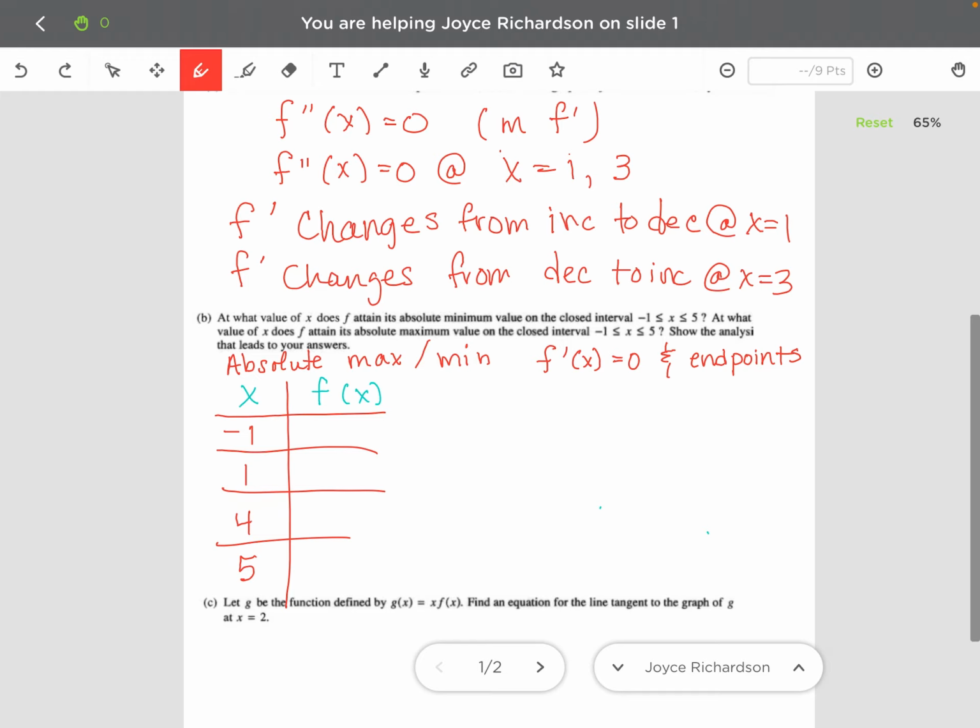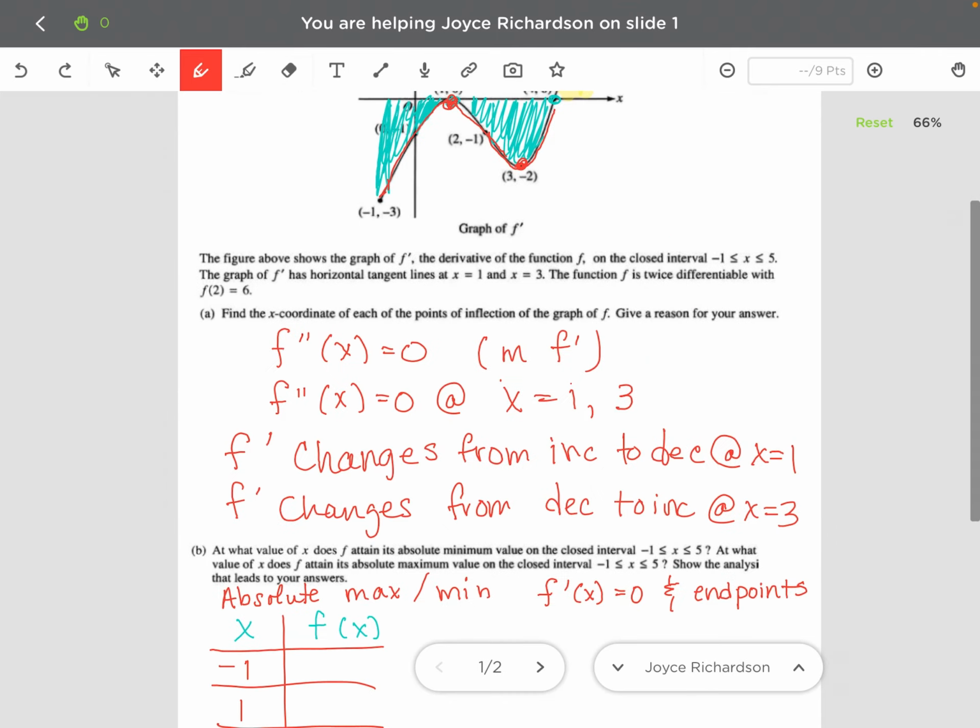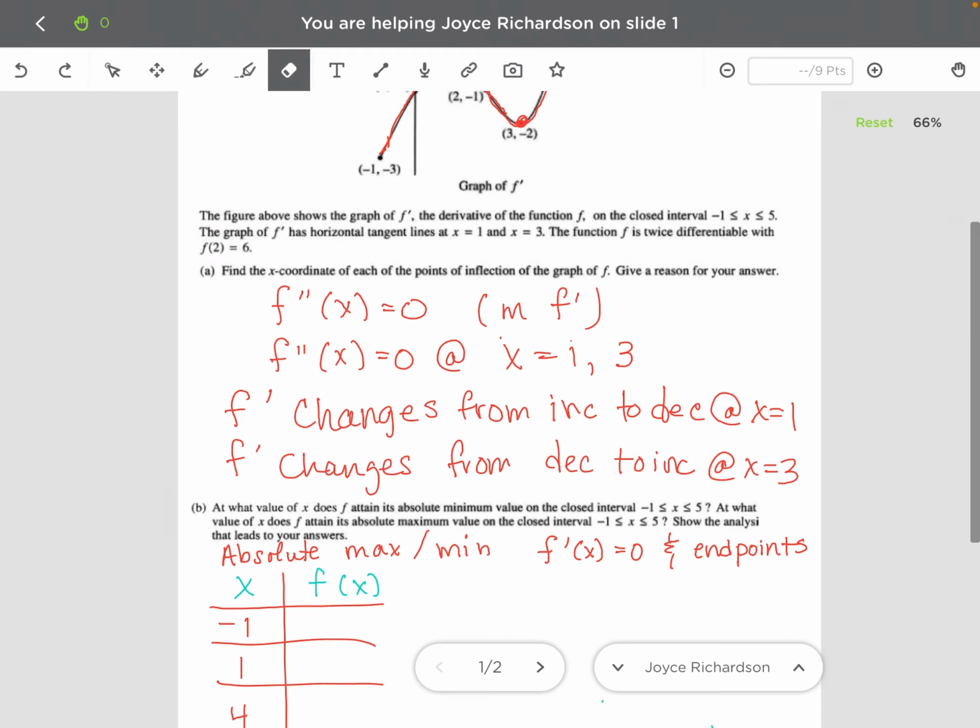Okay, and you need a table and you need to compare some things. So in other words, when you're going through this, yes, I know that most of you knew that the minimum was at 4, okay, but what I wanted you to see is that you have to somehow compare.